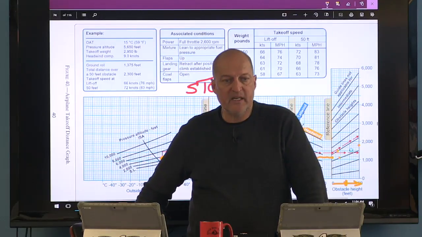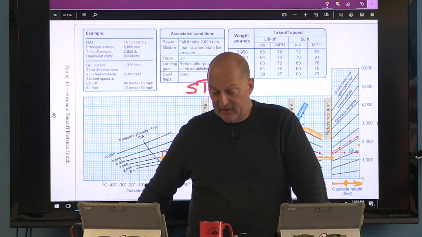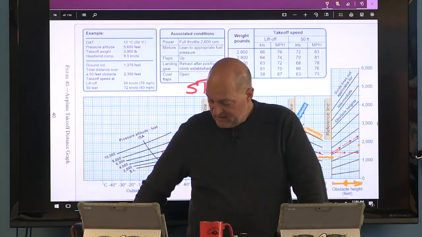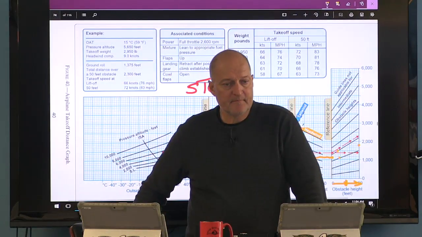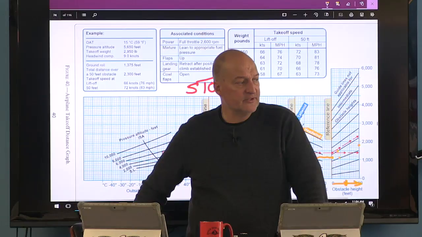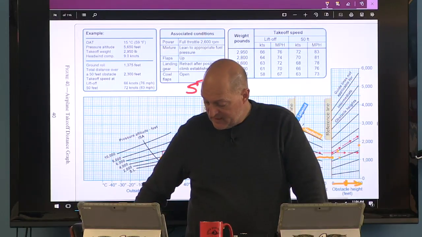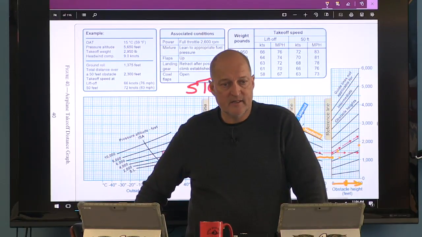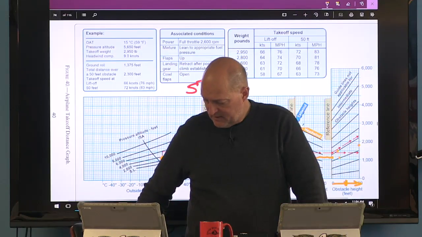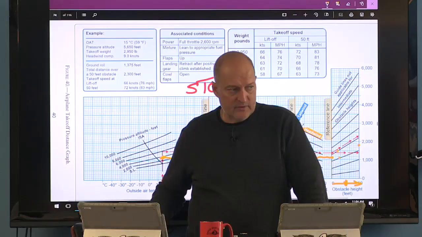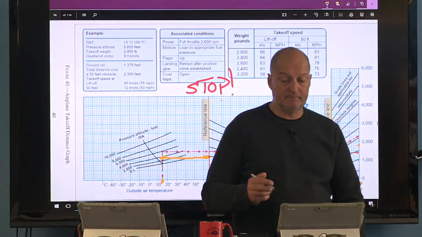Pressure altitude, or PA, sea level. Takeoff weight, 2,700 pounds. Headwind, calm. Winds are calm. You may now compute.